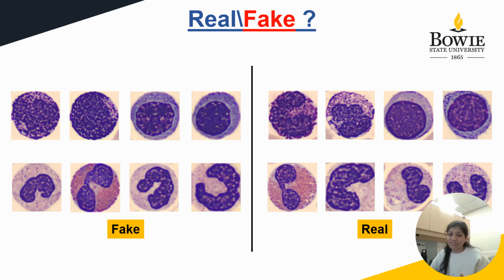The left side are the fake images, while the right side are the real images. So it is hard for humans to identify the difference between real and fake images, specifically for medical imaging, where the data is not very diverse, and it's hard to identify because of the very tiny differences.